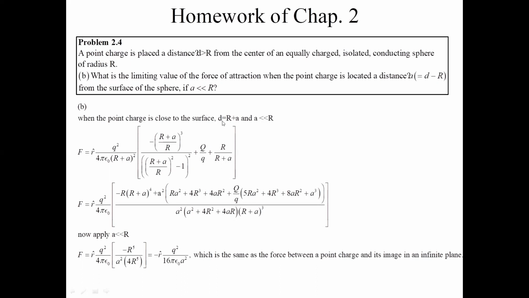So d is equal to big R plus a, where a is much smaller than R. We put this condition on the force we calculated above and expand it, applying the condition that a is far smaller than big R. We find that in this limit, only the R to the order of 5 term remains in the numerator, and only the a squared times 4 times R to the order of 5 remains in the denominator.